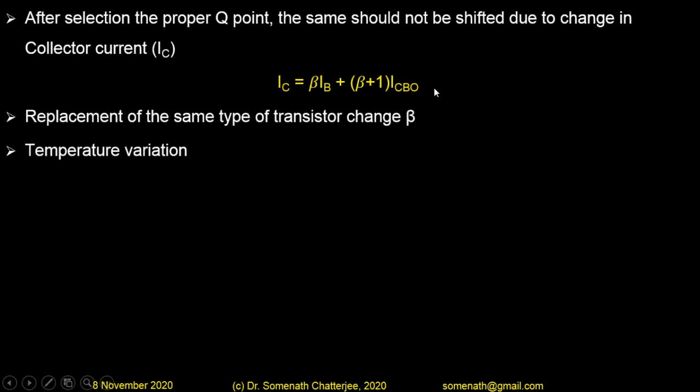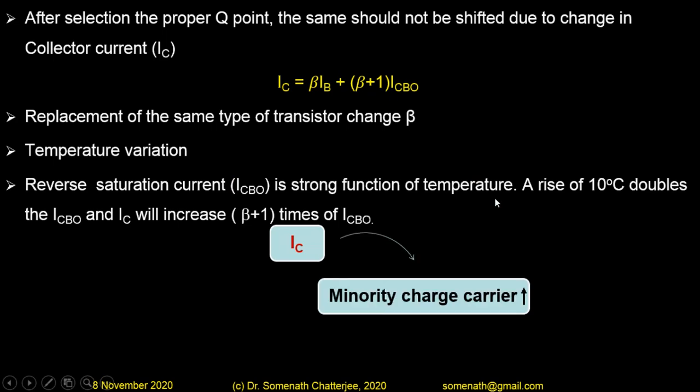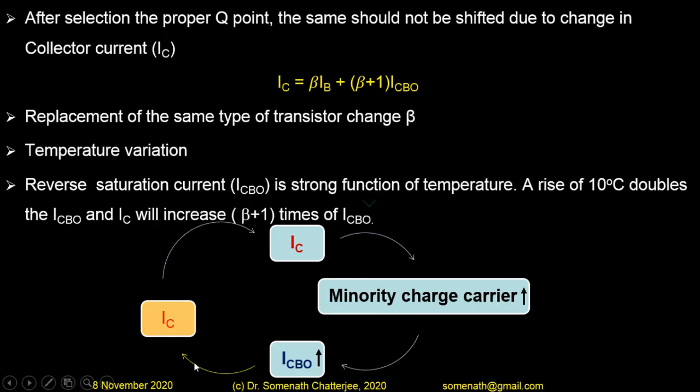Another thing is the temperature variation, which basically affects ICBO. How it is affecting, we will discuss. You can see the reverse saturation current, ICBO, is a strong function of temperature. I am showing you through this diagram. IC is related to minority charge carriers, and ICBO is due to minority charge carriers. When the temperature increases in the system, it affects the collector current.